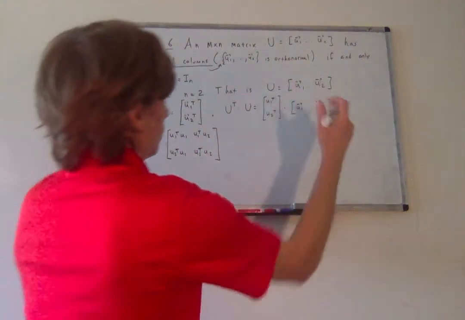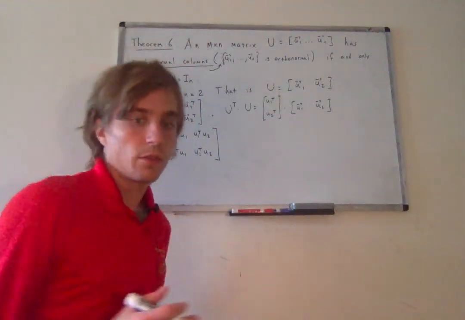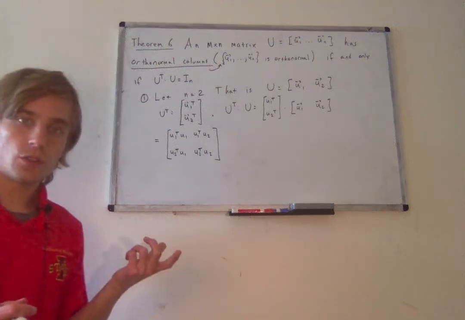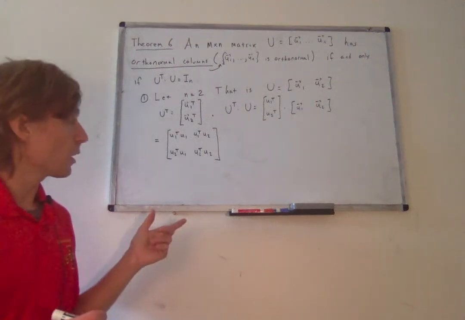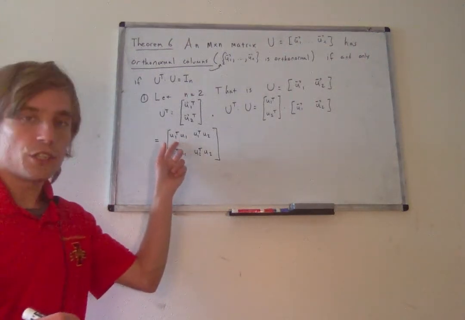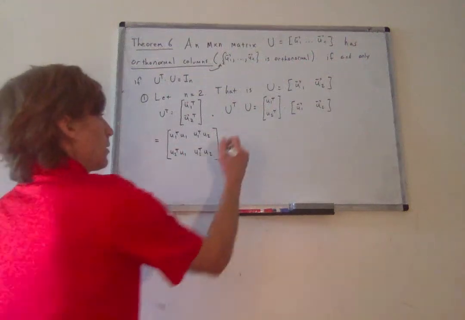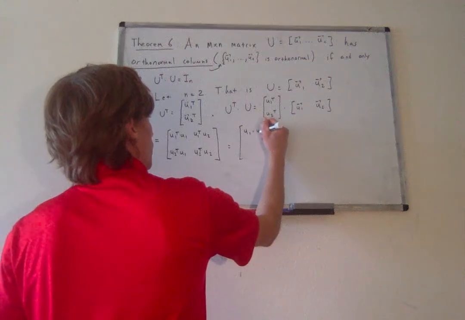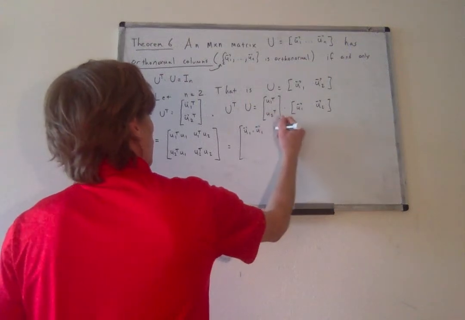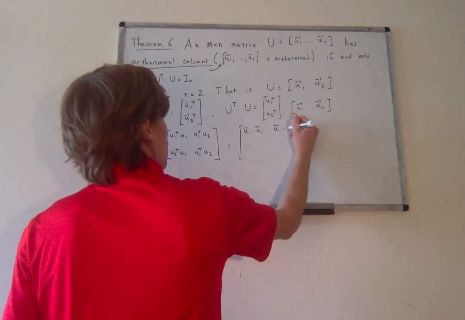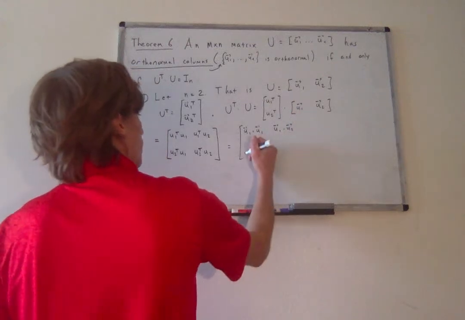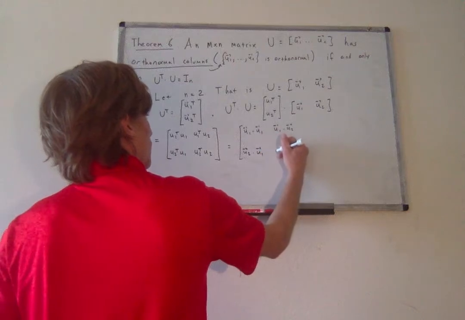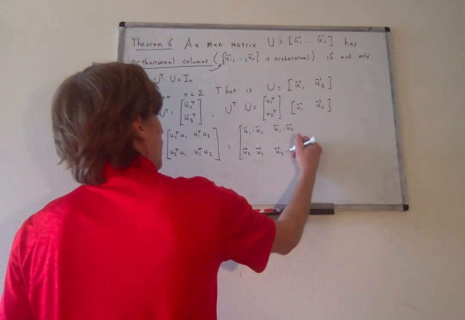And so this is from matching up these imaginary rows and columns. Well, remember the alternative way of defining the dot product, right? This is actually just the dot product. So this is actually just equal to U1 dot U1, U1 dot U2, U2 dot U1, and U2 dot U2.